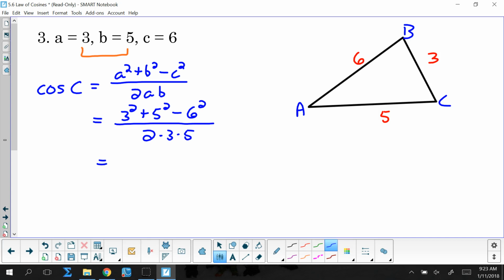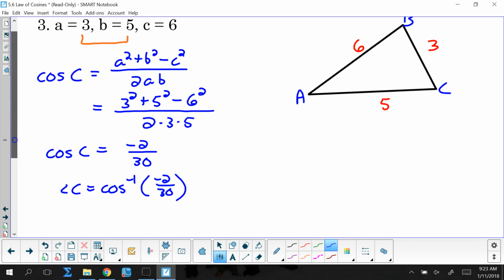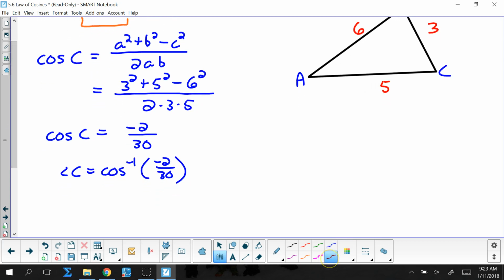If I actually do all that math, I get negative 2 over 30. So the cosine of angle C is negative 2 over 30, which means angle C is the inverse cosine of negative 2 over 30. And so angle C here is 93.8226 degrees.